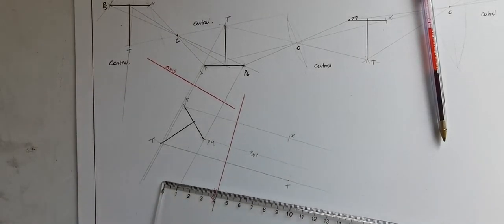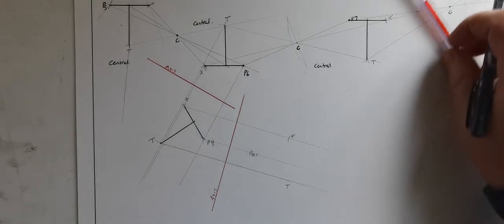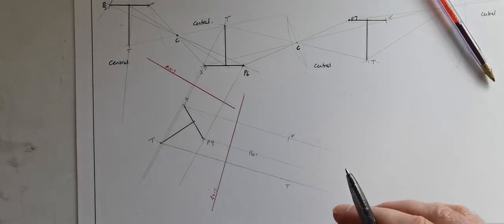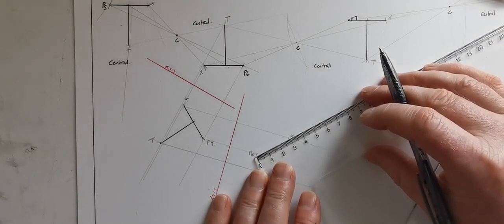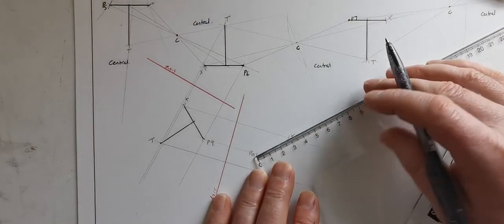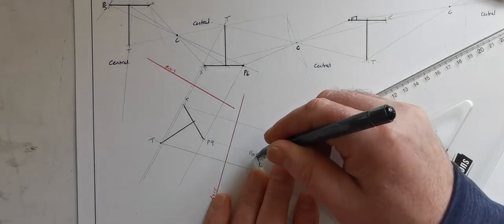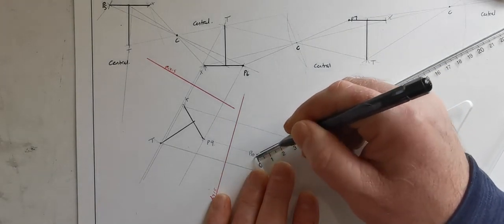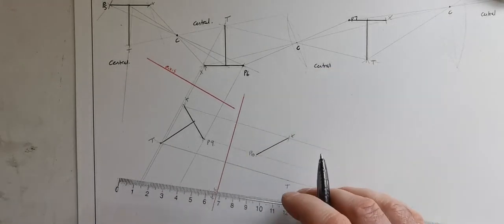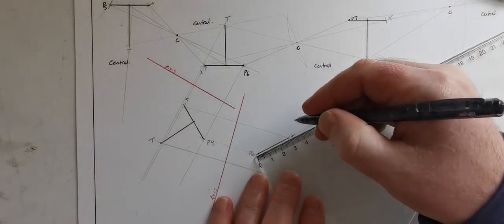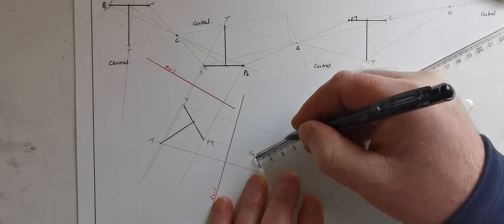So I'll just join that there, but I would recommend just using the compass, because that is how it is meant to be done. So P to X is here, and there's the middle. So here's the middle.